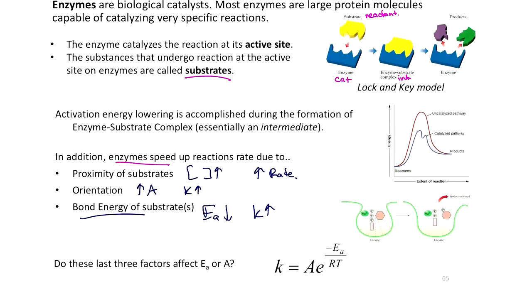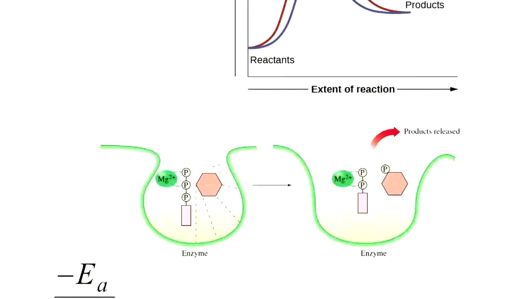I like to think of enzymes like they pre-chew up the bonds of the reaction. Once an enzyme is present, it pre-chews it up for the reaction to go faster. Right? And so you can see that here, once this substrate's in the enzyme pocket, it has this high affinity for those bonds, pre-weakening them, so this reaction actually occurs.